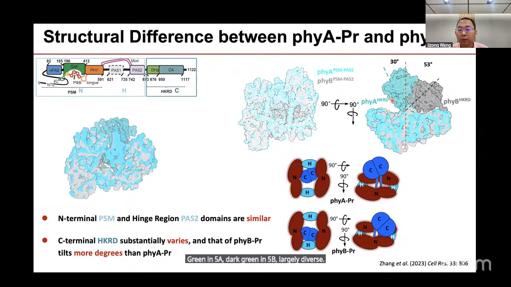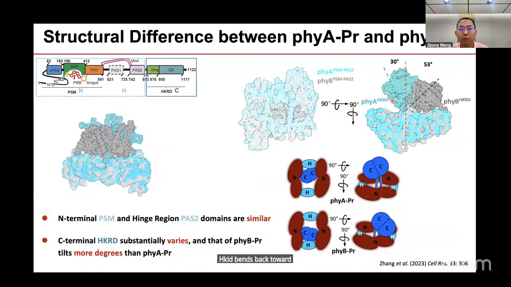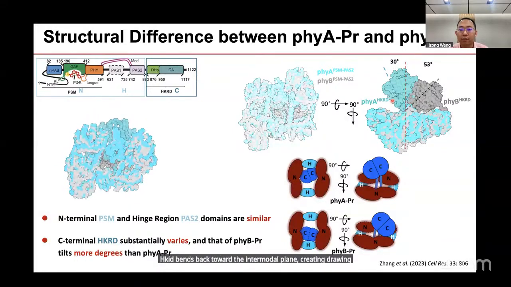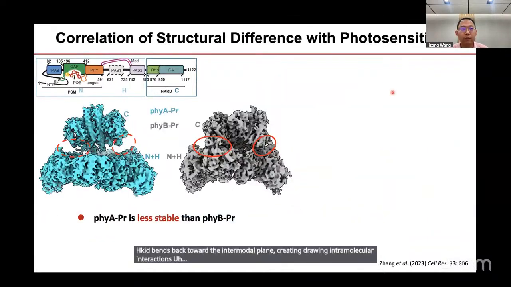PhyB's HKRD bends back toward the N-terminal plane, creating strong intramolecular interactions. This explains phyA's higher photosensitivity.